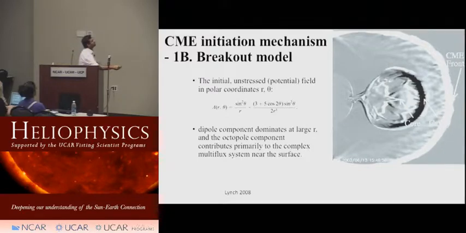And that is what's commonly called the three-part structure, which is the CME front, which is a bright and thin band, basically, often thought of as the leading shock front as the CME erupts.